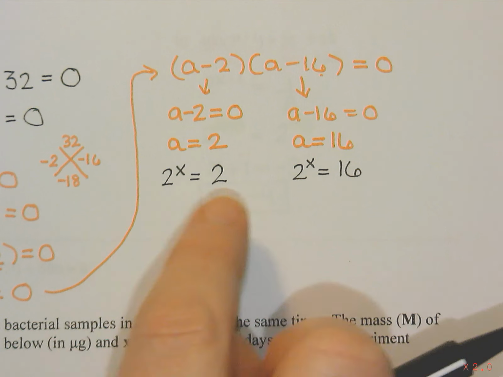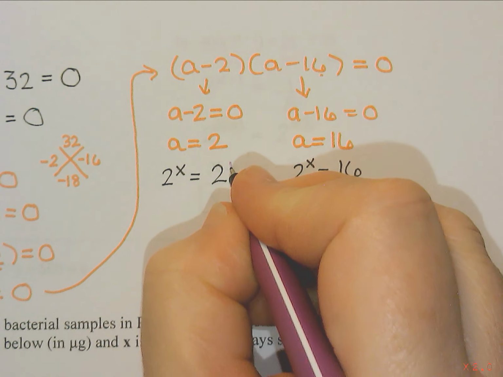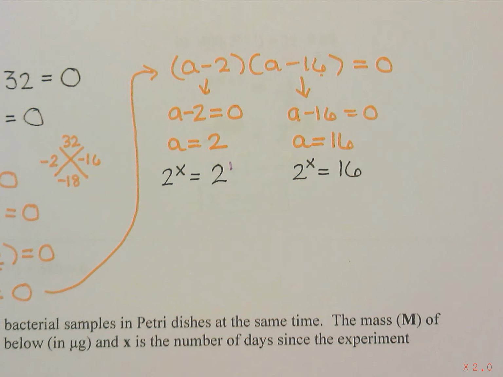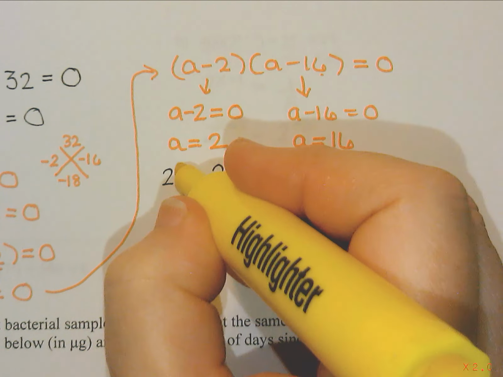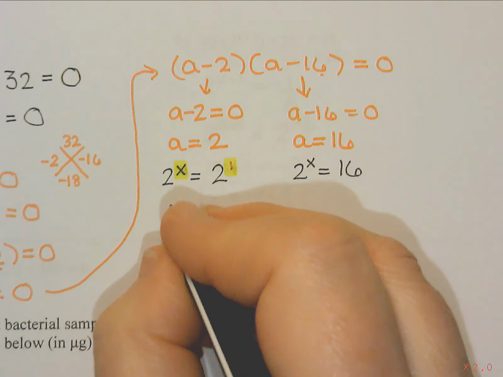For this first one, they already have the same base, so I think that's the method I'm going to use. This 2 would be a secret 2 to the power of 1. So if I compare those exponents, they have the same base, so those exponents should be equal. That means that x would equal 1.